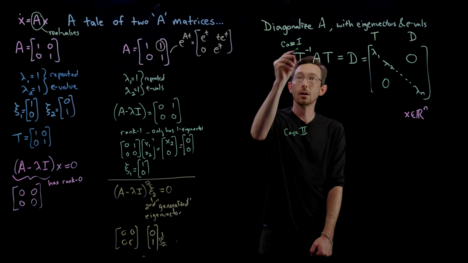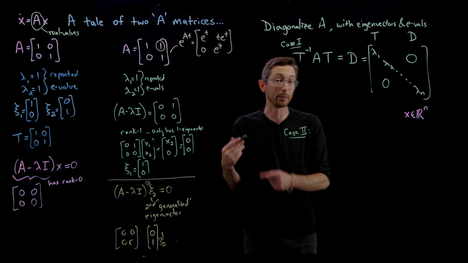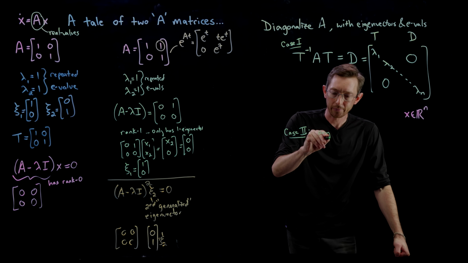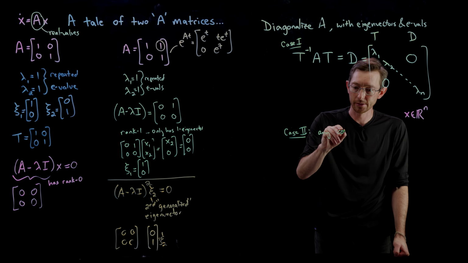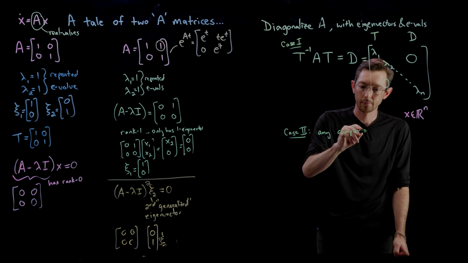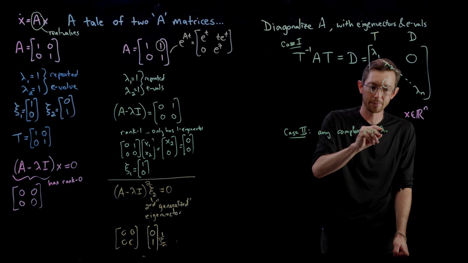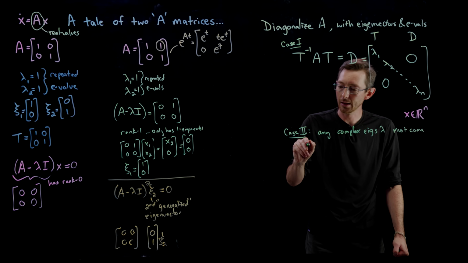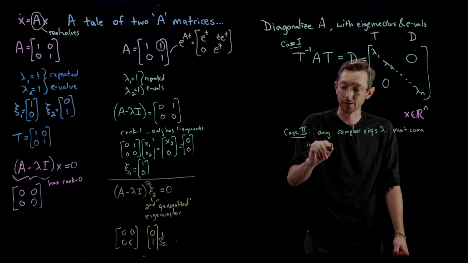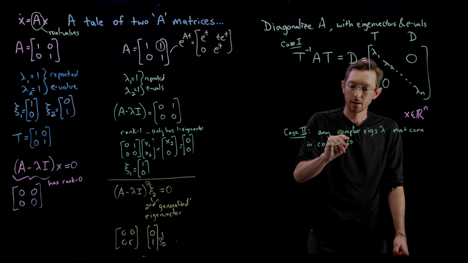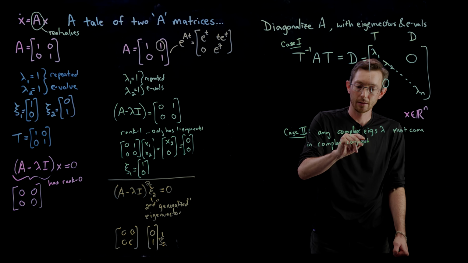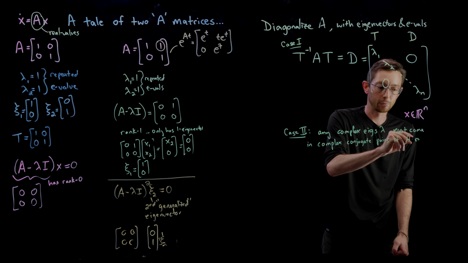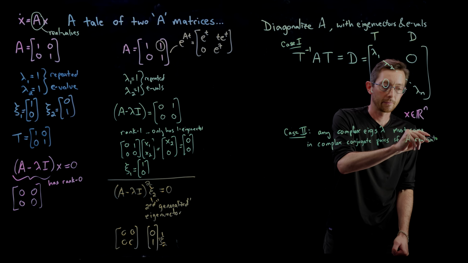So case 2 would be, I can still have complex eigenvalues. But any complex eigenvalues lambda must come in complex conjugate pairs if A is real valued.